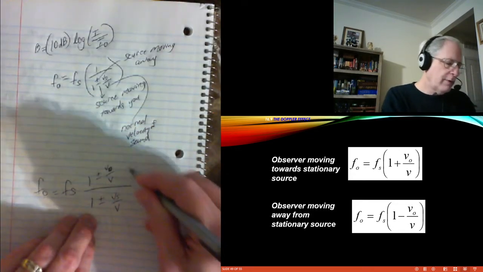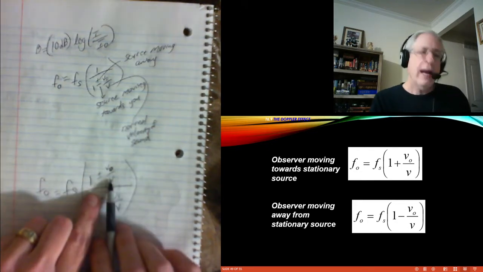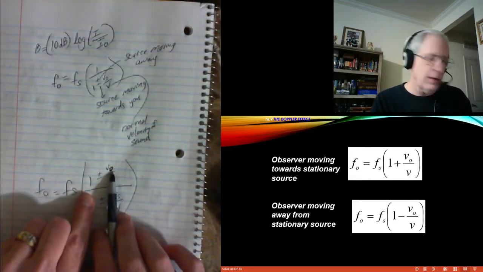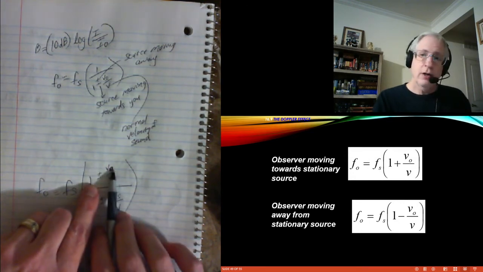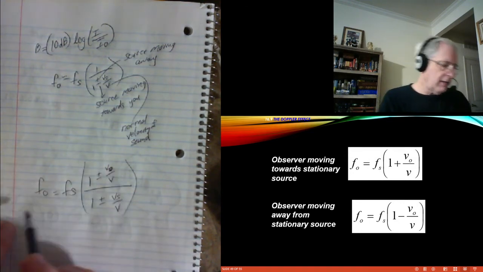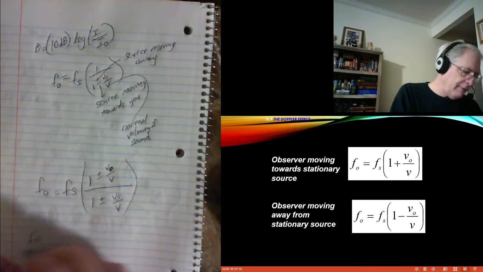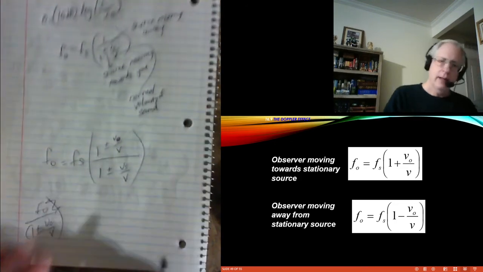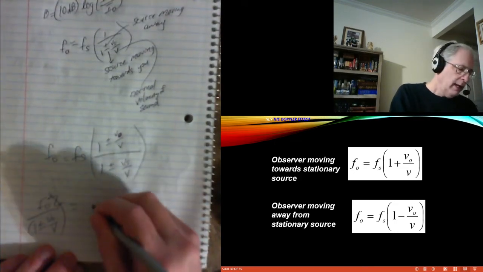If the observer is moving, you actually have this 1 plus or minus v naught over v, because the observer is in the numerator. And the reason for that is because it's really just f naught divided by 1 plus or minus v naught over v, is equal to, let me redo this.